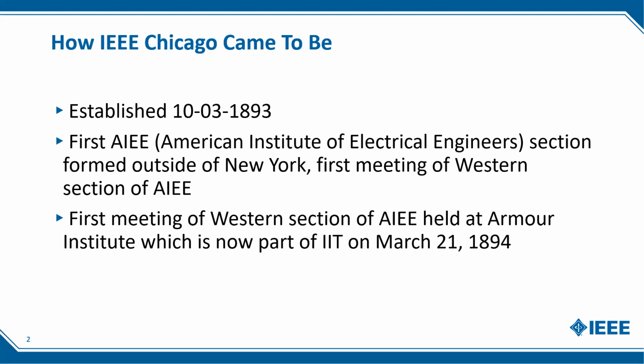And this was the first AIEE section formed outside of New York. And it was the first meeting of the Western section of the AIEE. In fact, the first meeting of the Western section of the AIEE was held at Armour Institute. And Armour Institute is now part of the Illinois Institute of Technology, IIT campus. And that first meeting was held on March 21st, 1894.